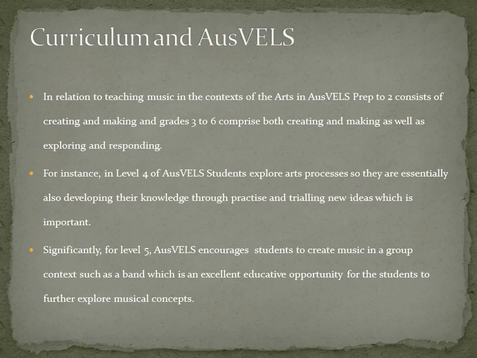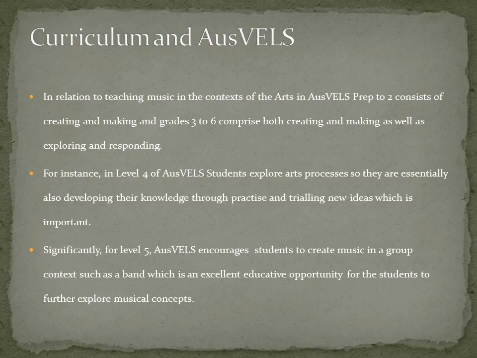And in terms of Oswald's, there is a lot in there that really encourages teachers to let students be really creative. I think that's a word that I've used throughout this presentation, but I think it's a really important term. So even in terms of like from grades 3 to 6, it's really creating and making as well as exploring and responding, whereas in earlier grades, it's pretty much creating and making, which are both really stepping stones to creating music anyway.